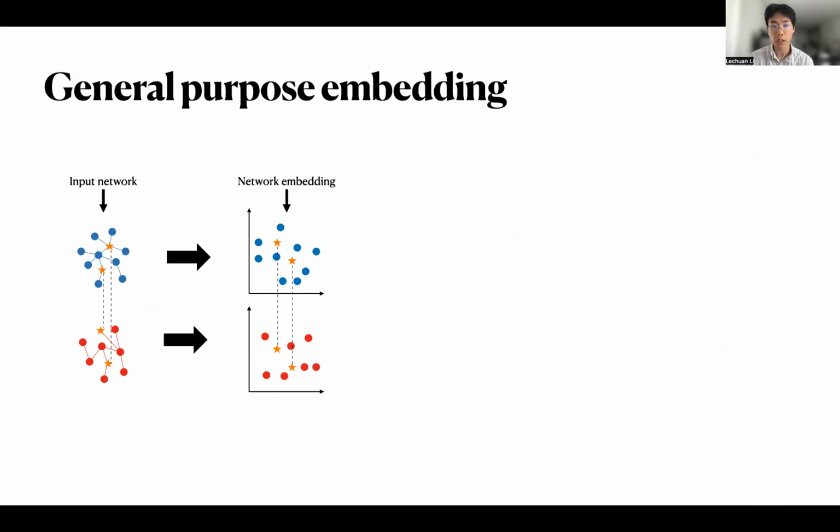More recently, people have been trying to use general-purpose embedding approaches to better capture the relationship between network topologies and orthologous information. The idea is that when we have two protein-protein interaction networks, where the stars in the figure indicate the orthologous genes between two species, we first have an individual embedding for each network.